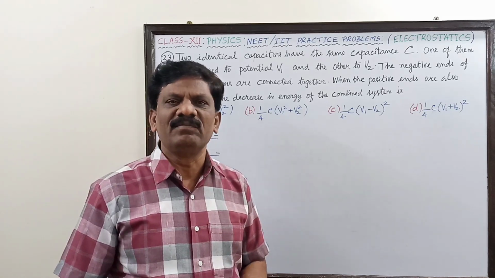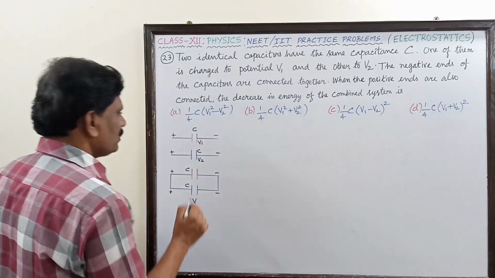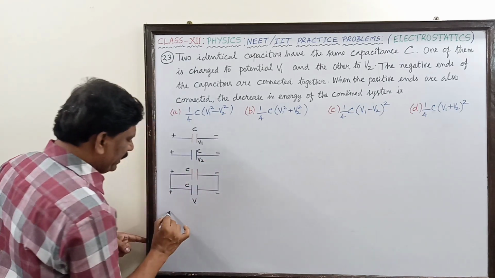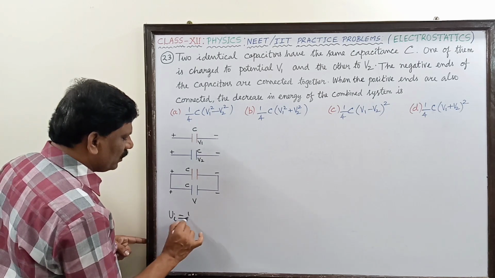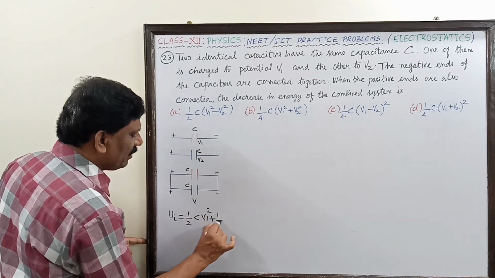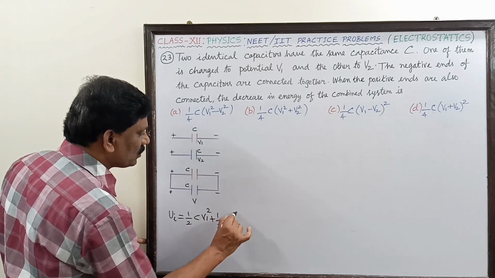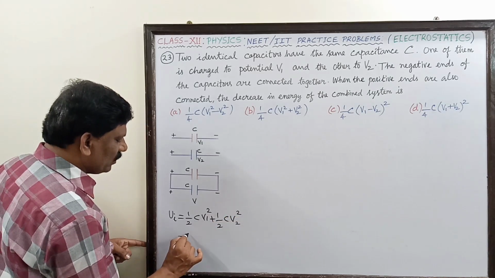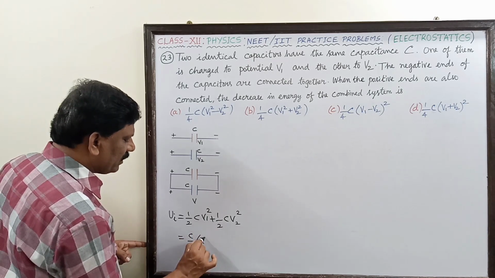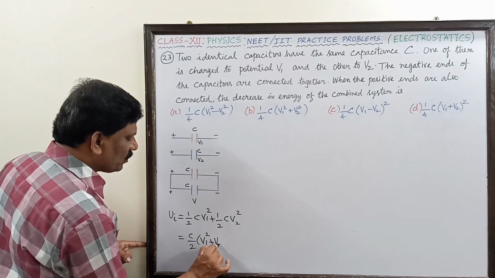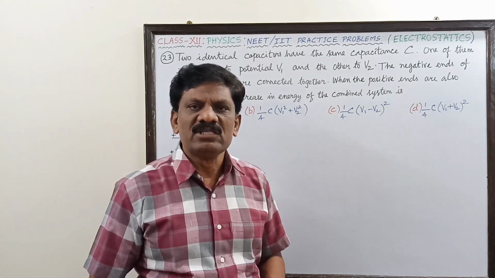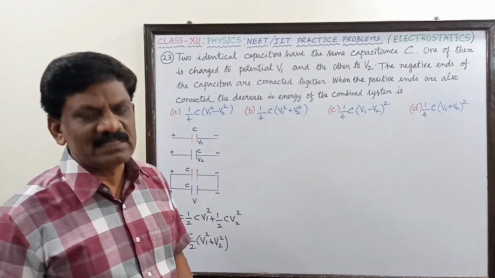U initial is equal to half C V1 square plus half C V2 square, which equals C by 2 into (V1 square plus V2 square). This is the initial total energy of the two capacitors.